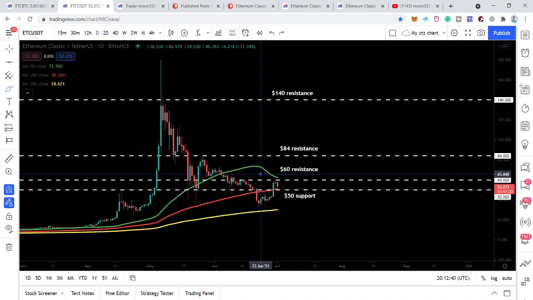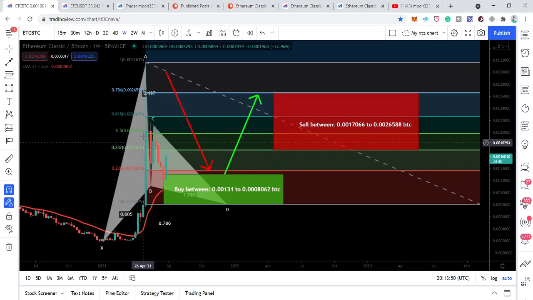Previously it was breaking as a resistance. Now we have more than 94% rally, and the price action has achieved the sell targets as I defined as per the Fibonacci sequence of this bullish bat pattern on the weekly time frame chart. And my members who are following me at the Patreon, most of them who followed this idea are in profit. But now we want to see where the price action can move.